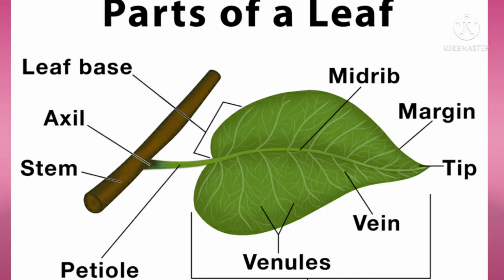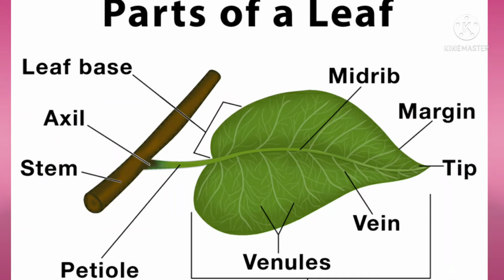Veins run all over the surface of the leaf. Veins form the network to carry water and minerals to all the parts of the leaf. A number of small openings called stomata present on the under surface of the leaf help in the exchange of gases or breathing.